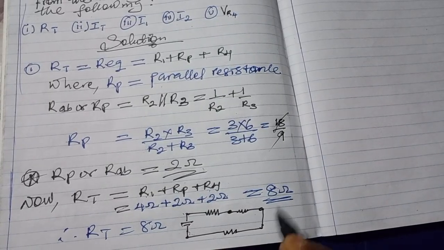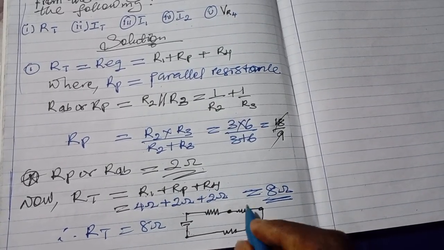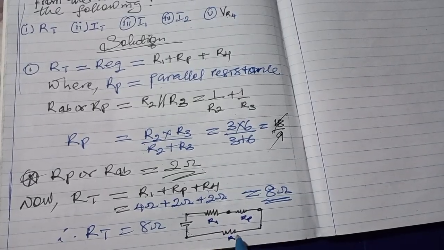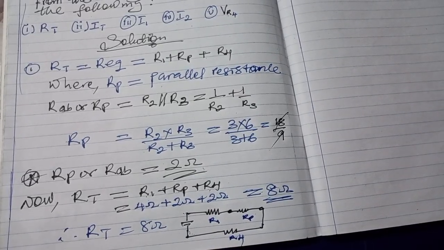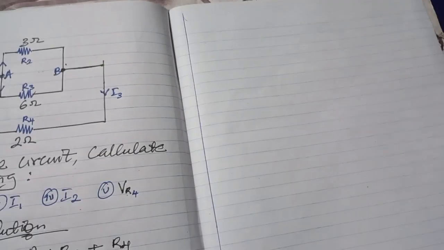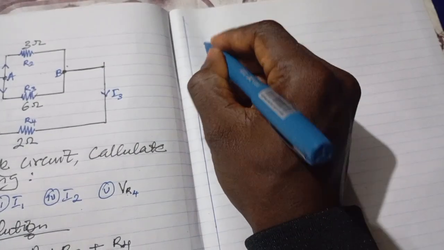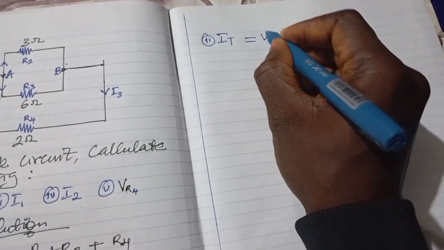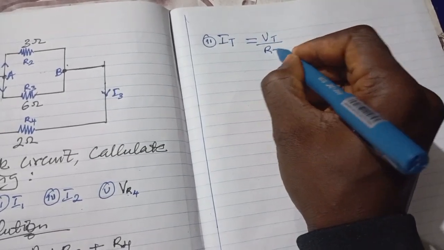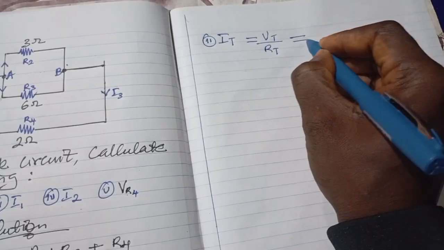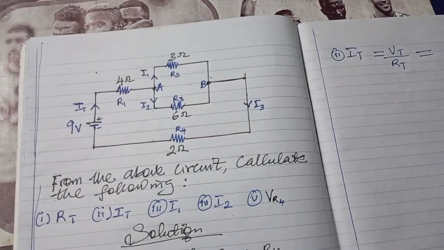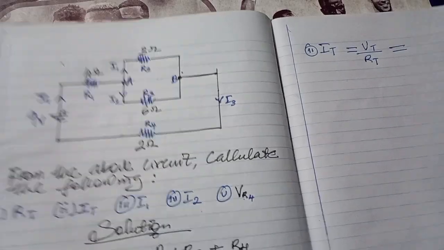Please, this is your RP, this is your R1, and this is your R4. Now let's proceed to find our total current. I total is equal to V total divided by R total. V total here is the circuit voltage, the supply voltage, which is 9 volts.